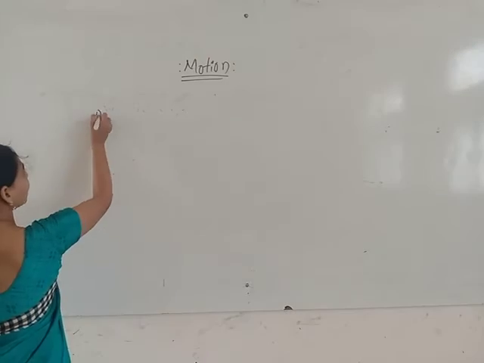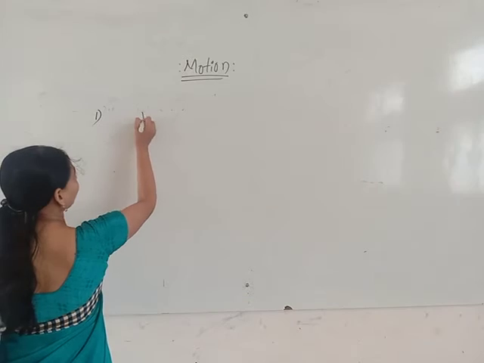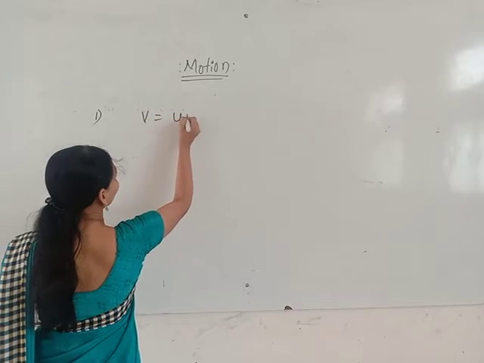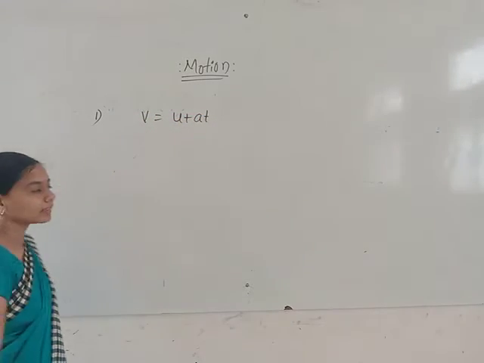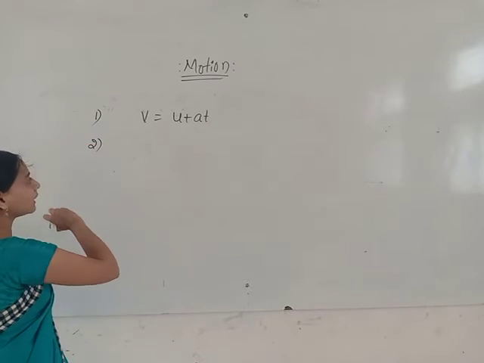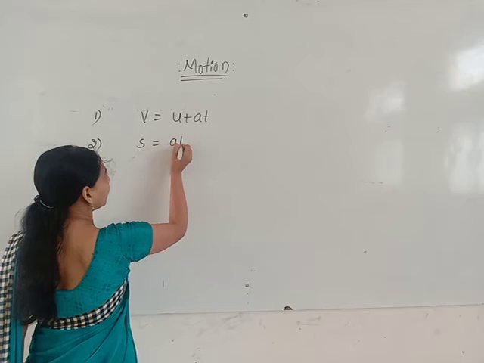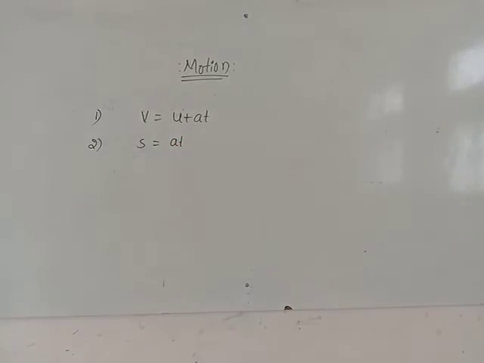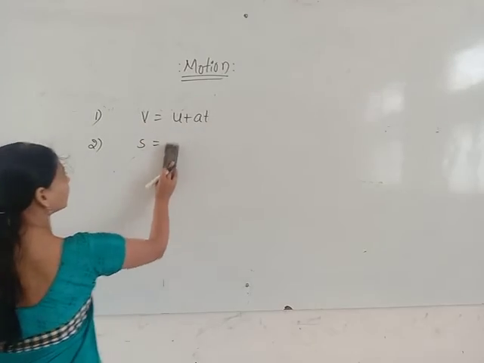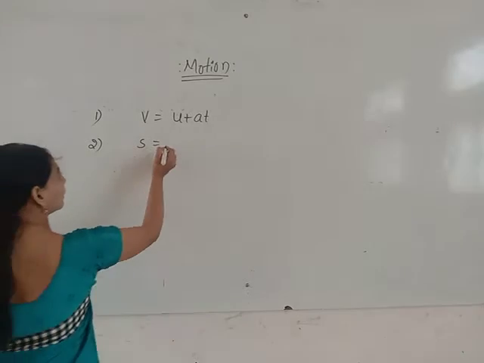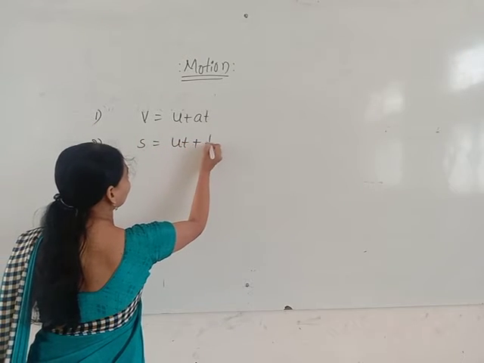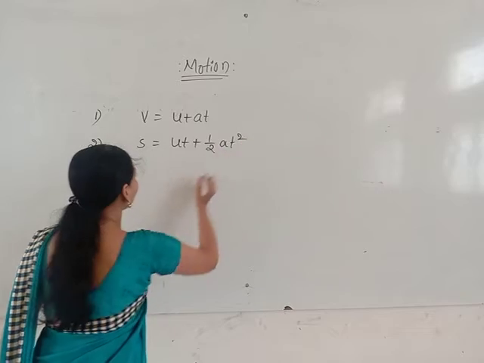The first equation is V = U + AT. The second equation is S = UT + 1/2 AT².